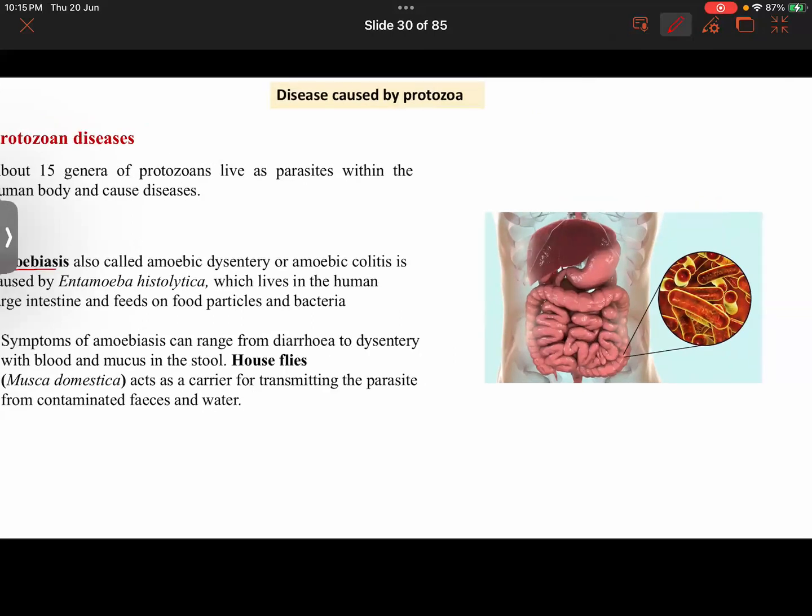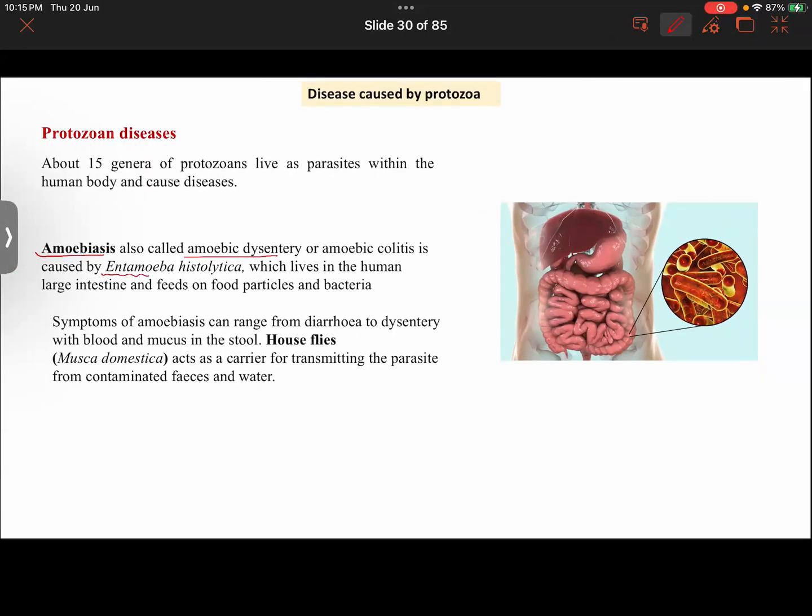It is caused by a protozoa called Entamoeba histolytica. This amoeba lives in the large intestine of humans, and feeds on the food particles and the bacteria also. You know that there are food particles in the large intestine, and some good bacteria as well, so they will be eaten by this amoeba.